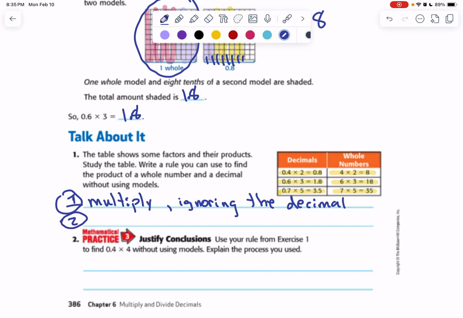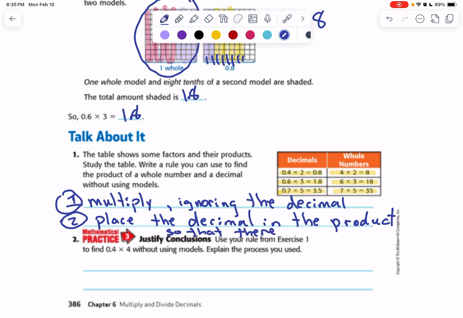And step 2 would be place the decimal in the product so that there are the same number of digits to the right.